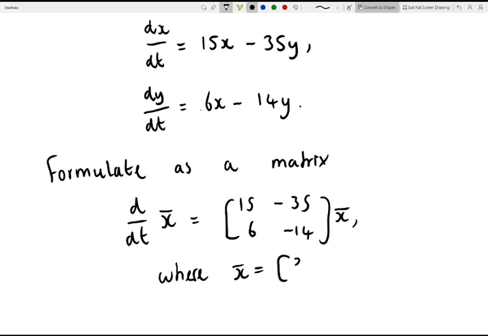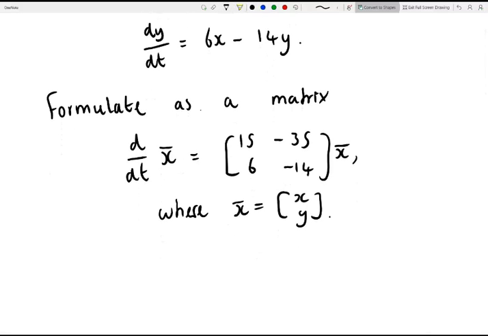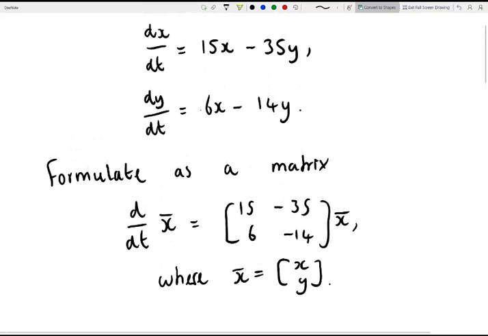X bar is x and y. Then, if we apply matrix multiplication to this, we'll end up with the system exactly above.